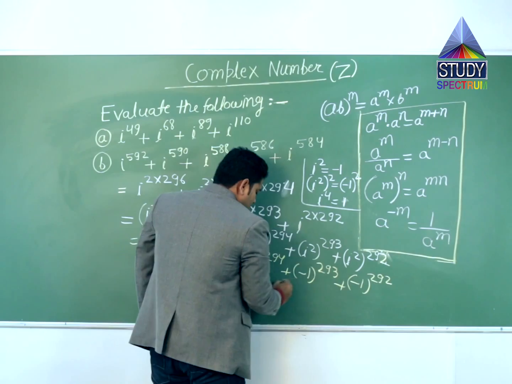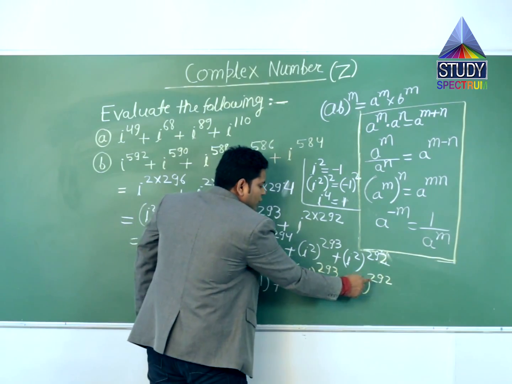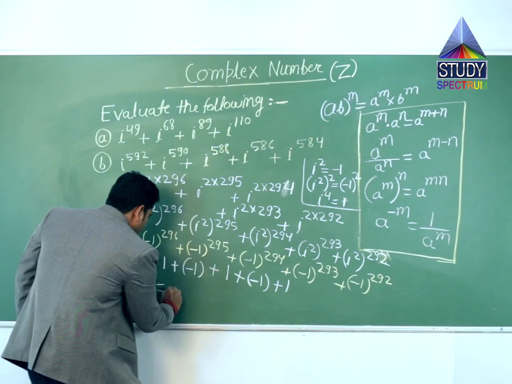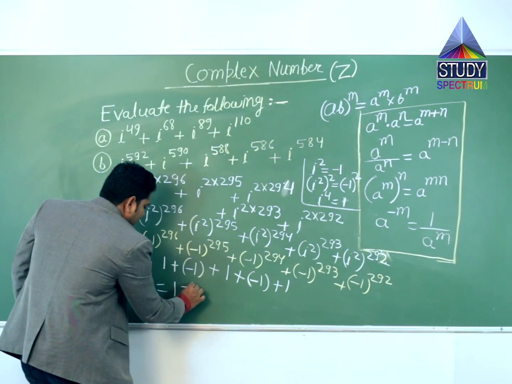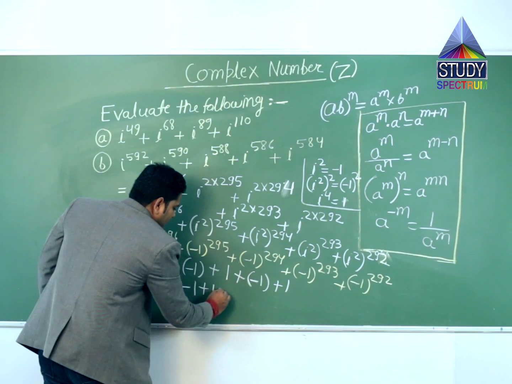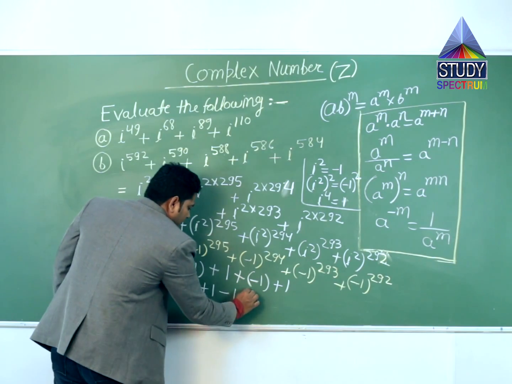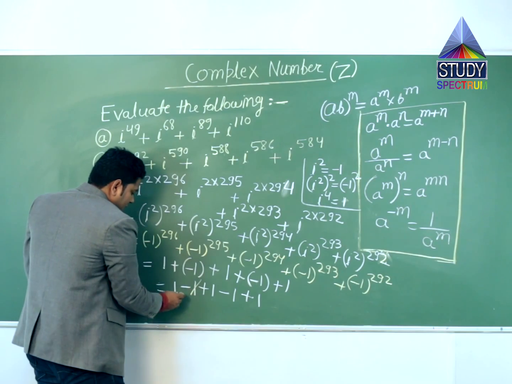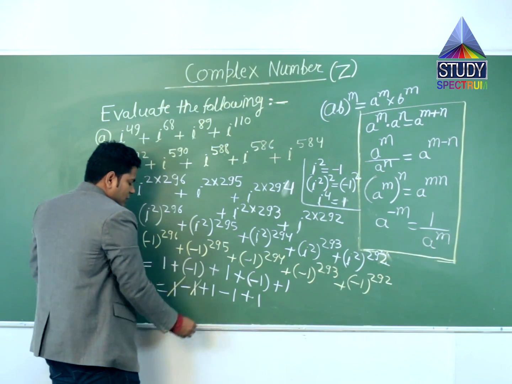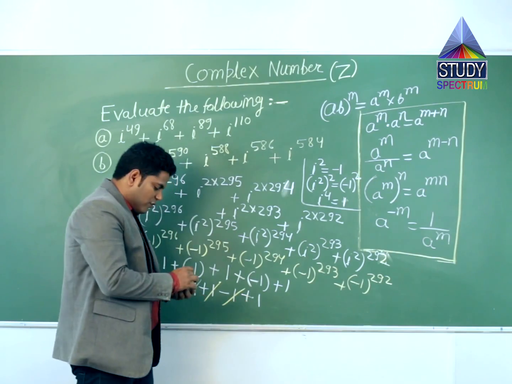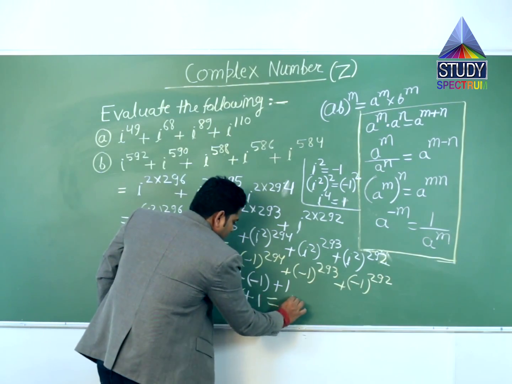Here plus, and minus 1 to the power even number, so we will get plus 1. So now this minus plus 1 minus 1 will be cancelled out, this plus 1 minus 1 will be cancelled out, so you are left with 1 only, so the answer will be 1.